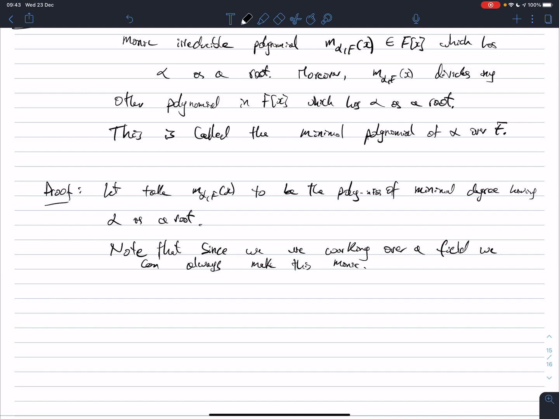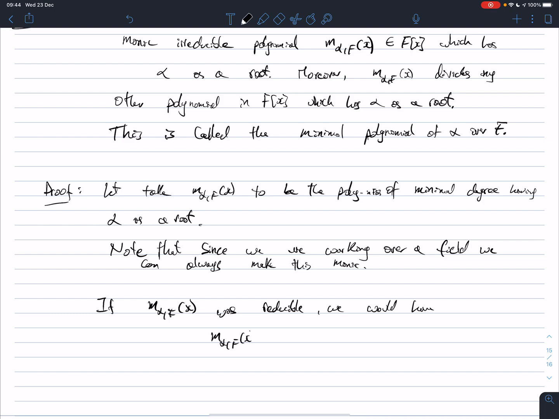We need to check that it's unique and that it's irreducible. So let's check that it's irreducible. If m_alpha,F of x was reducible, it would have to factor.